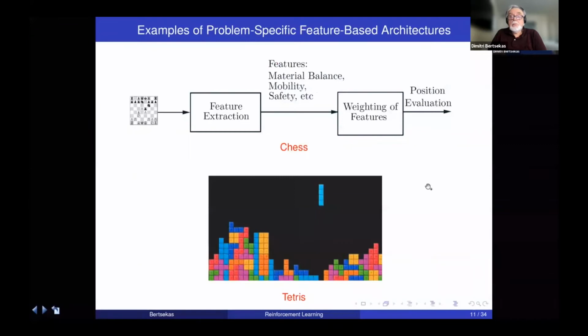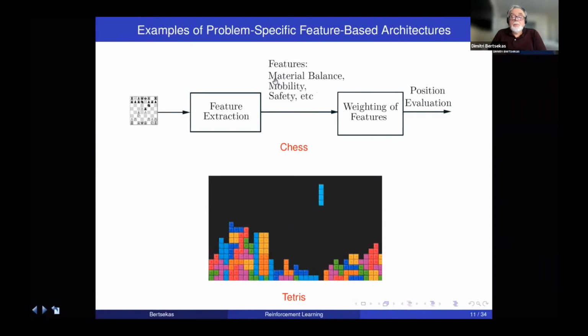But there are a lot of problems where you do know some very valuable features that capture, to a significant extent, the nonlinearity of the target function that you want to approximate. For example, in chess, remember that the state is the board position. And when a chess player looks at a board position, he mentally extracts features from the position, important characteristics of the position.